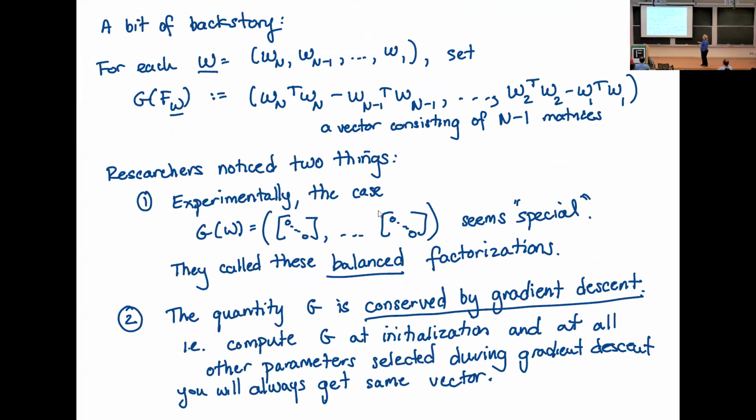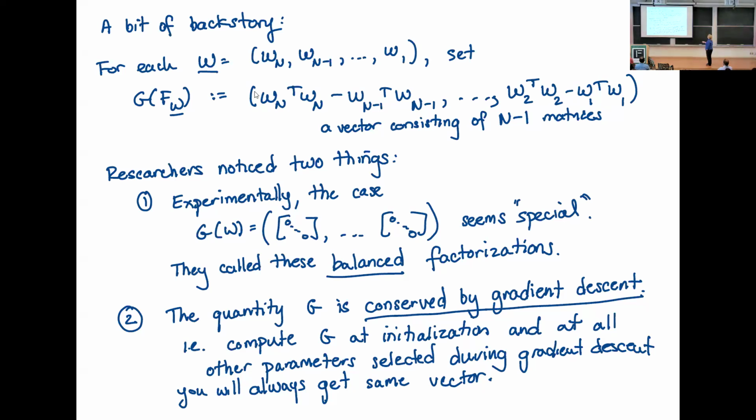So let me tell you a little bit of a backstory. For each particular vector of matrices, there's a thing that you could compute. I'm going to call it G. This thing G is a vector consisting of N minus 1 matrices, and this is what those matrices are.